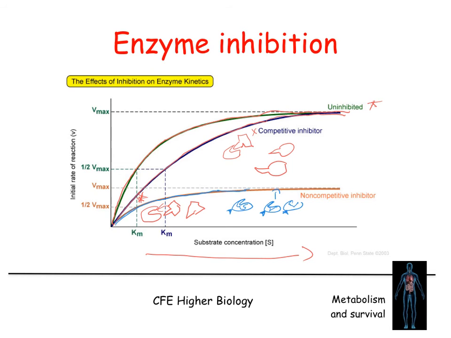Initially at the start of this here, there's some of the enzyme that's not got the inhibitor attached to it, and so you do get a certain rate of reaction until you get to the point where all the enzymes have had the inhibitor attached to them and the active sites are all affected. So you can add substrate to your heart's delight and it's not going to make any difference at all to the rate of reaction.